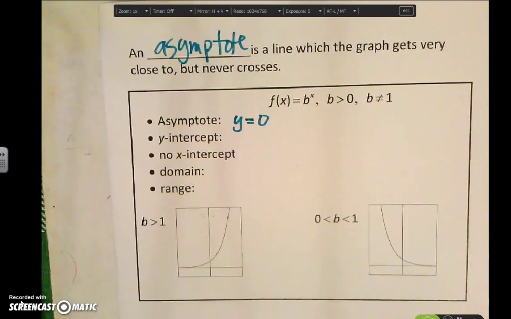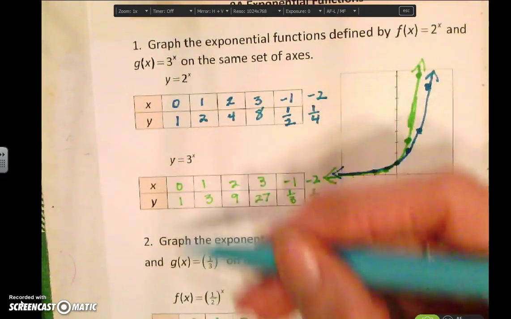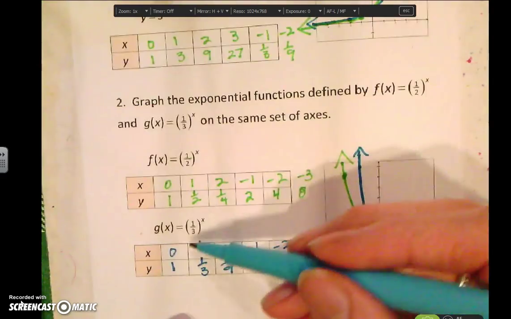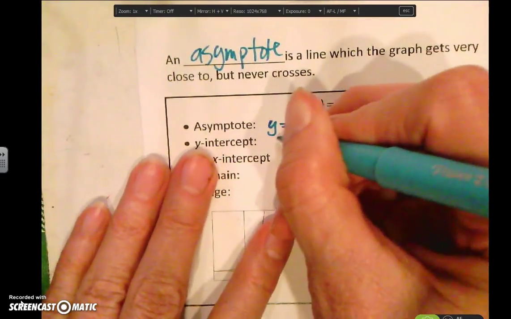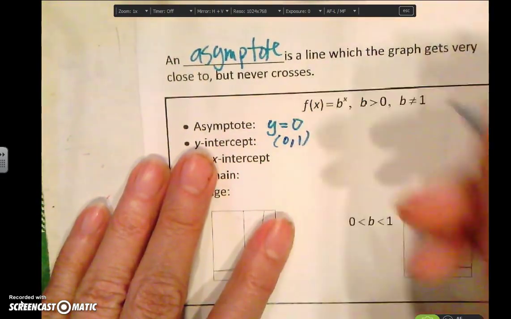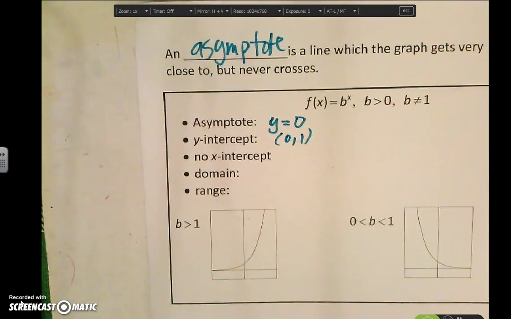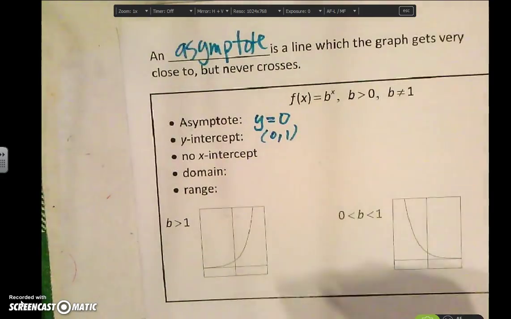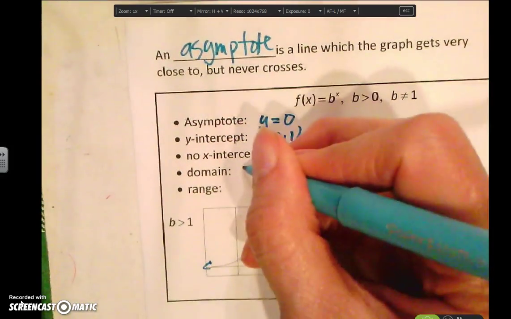The y-intercept, though, for both of them, if you look back, which is where x is equal to 0, they all have that point (0, 1). So the y-intercept is going to be the point (0, 1). There is no x-intercept because it never crosses the x-axis. The domain going from left to right is going to be all real numbers.